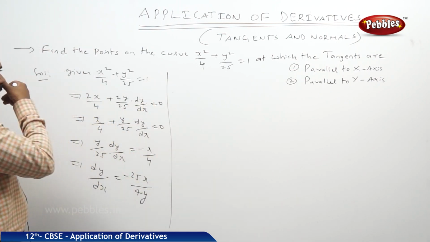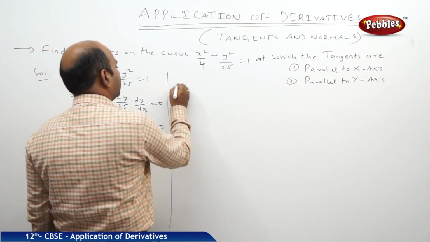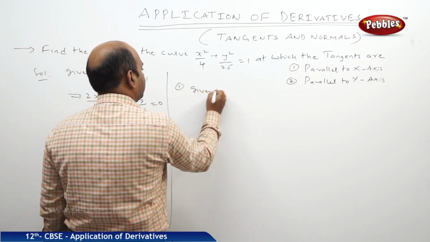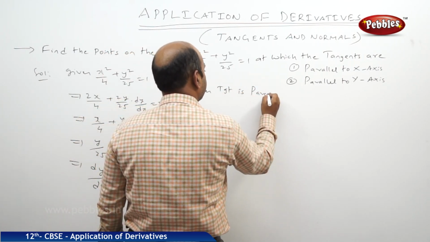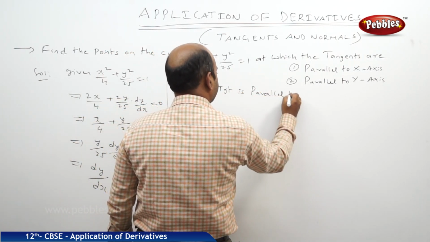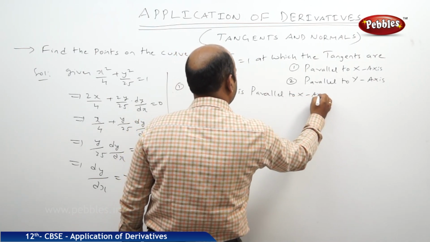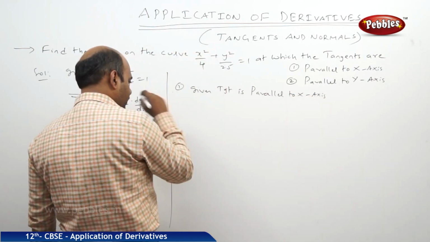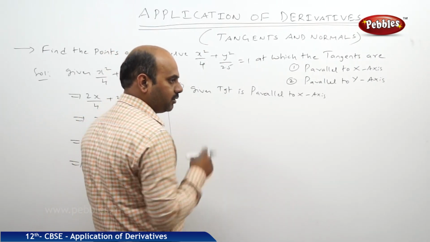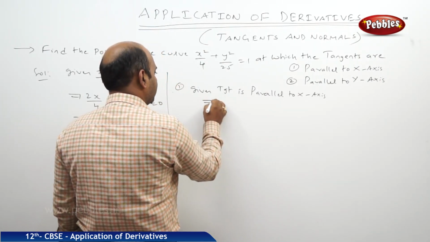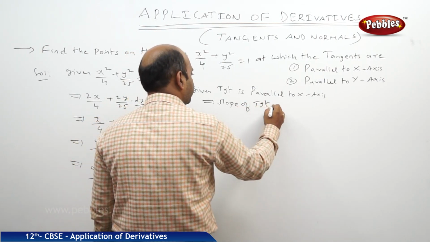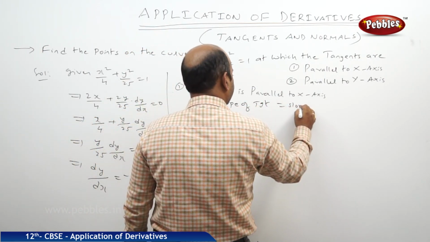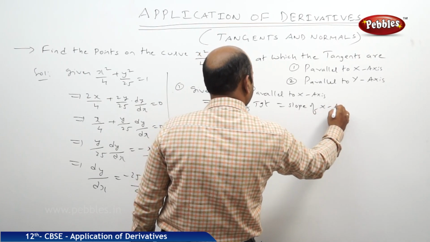Now in the first problem, what is given? Tangent is parallel to x-axis. Tangent is parallel to x-axis means slope of the tangent is equal to slope of the x-axis.